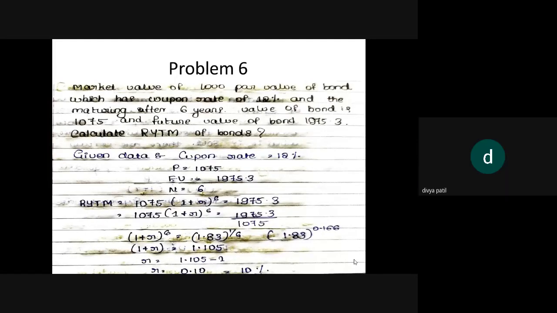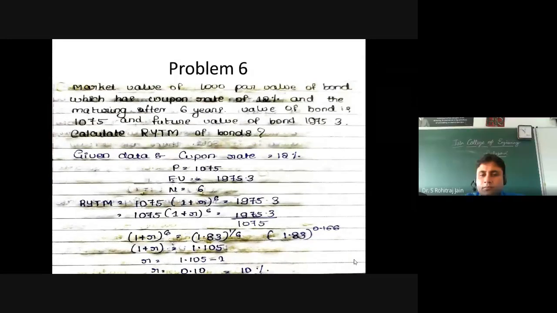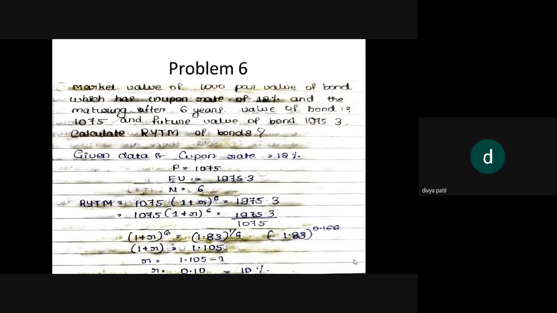Yeah, who is this? May Divya, sir. Go ahead, ma. Sir, first they have given a market value of 1000 par value of bond, which has coupon rate of 12%, and the maturity after 6 years. Value of bond is 1075, and future value of bond 1975.3.